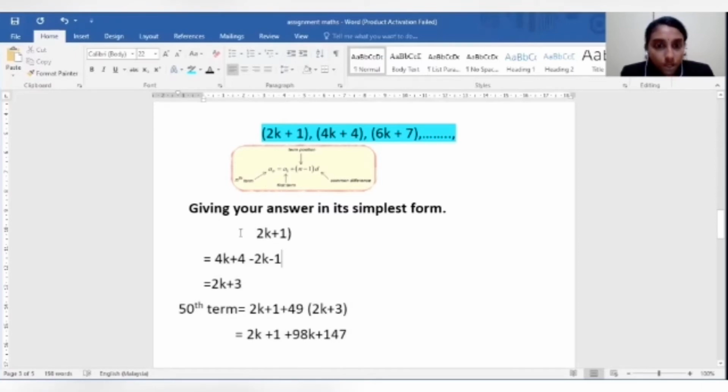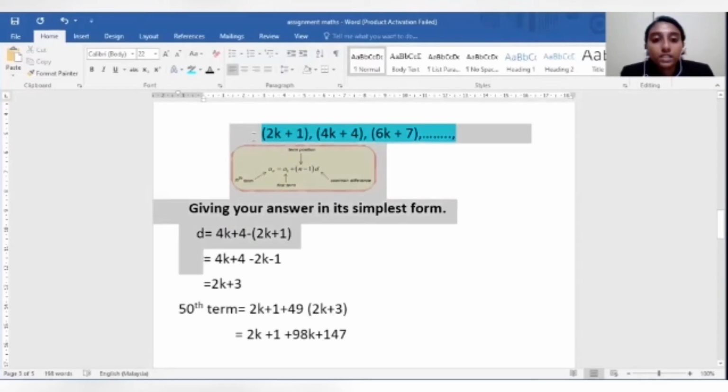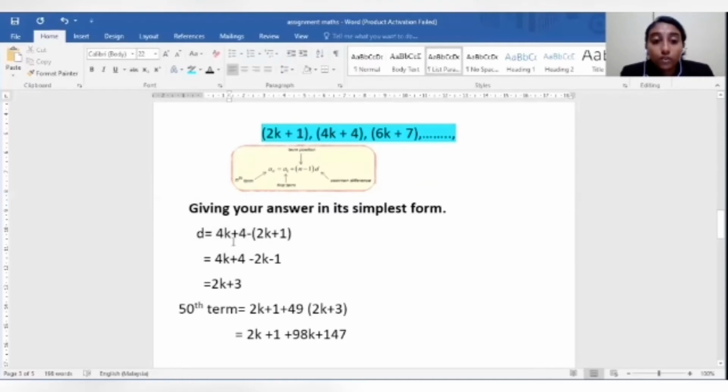The first thing that we have to do is identify the common difference between these numbers. If we get the common difference, then only we can identify the fifth term.